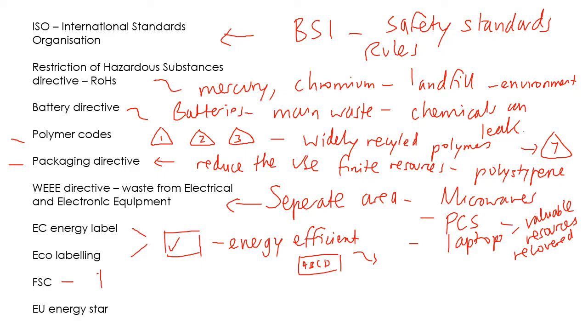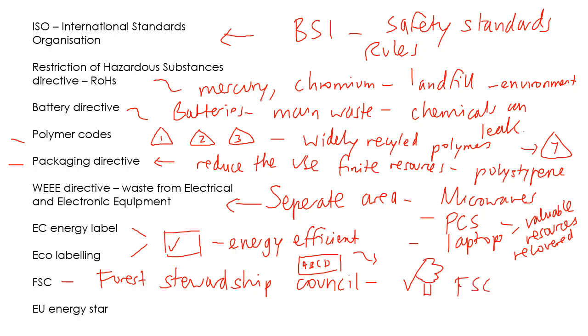FSC is the Forest Stewardship Council. If you see that logo, which again looks like a tick with a tree, FSC, it means it's coming from a sustainably managed forest. And the EU Energy Star, it basically means that across the EU, this is achieving the standard for energy.